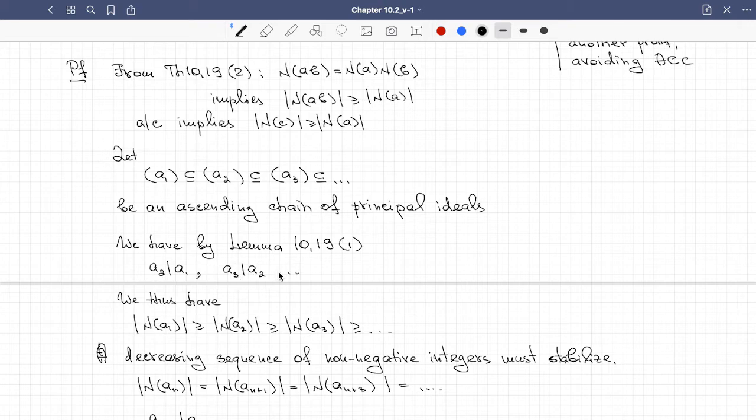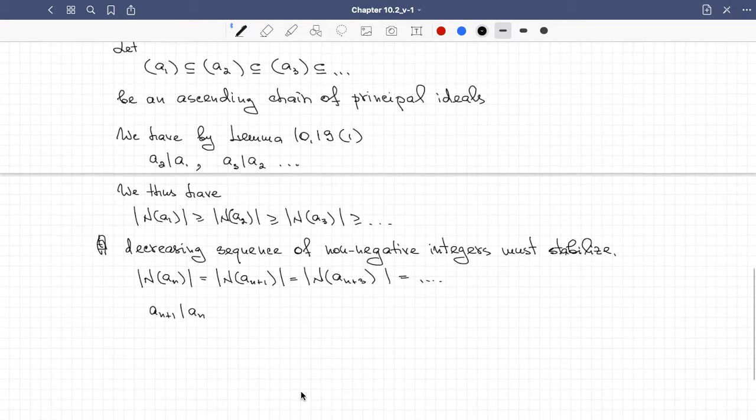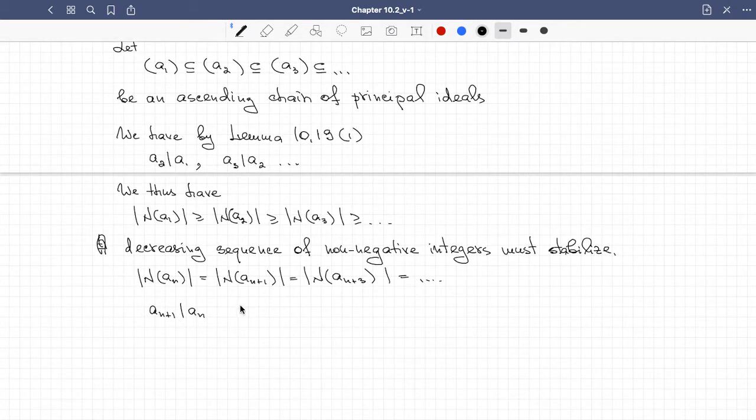Every next one divides every preceding one in the whole sequence from point n also. That means an plus 1 equals c times an, and we take norms.